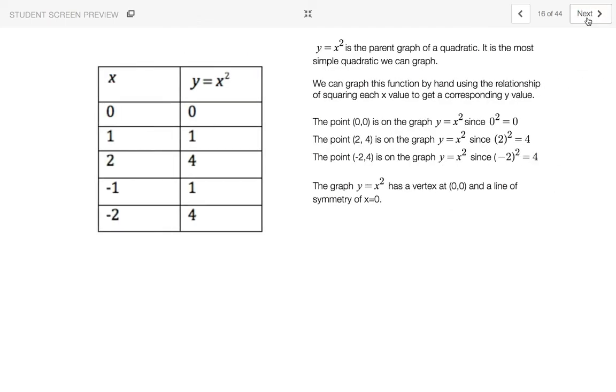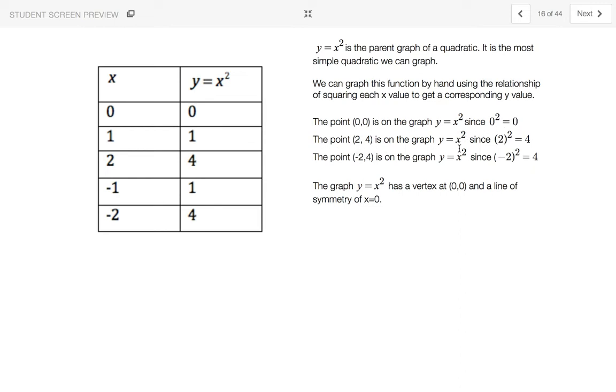Y equals x squared is the parent graph of a quadratic. It is the most simple quadratic that we can graph. We will often refer to the parent function as y equals x squared. We can graph this function by hand using the relationship of squaring each x value to get a corresponding y value. In other words, the point 0, 0 is on the graph, since if x is 0, y has to be 0.